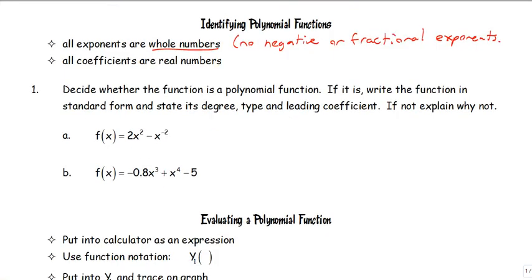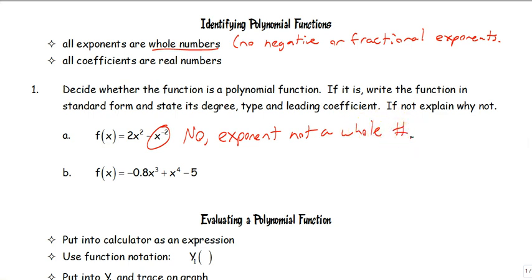So right here, number 1, decide whether it is a polynomial function. If it is, write it in standard form. State its degree, type, and leading coefficient. Alright, right away. Number 1, I see I have a negative exponent. That's not a whole number exponent. Okay.